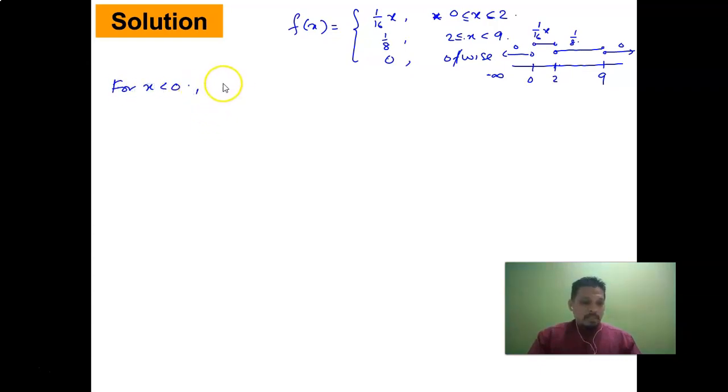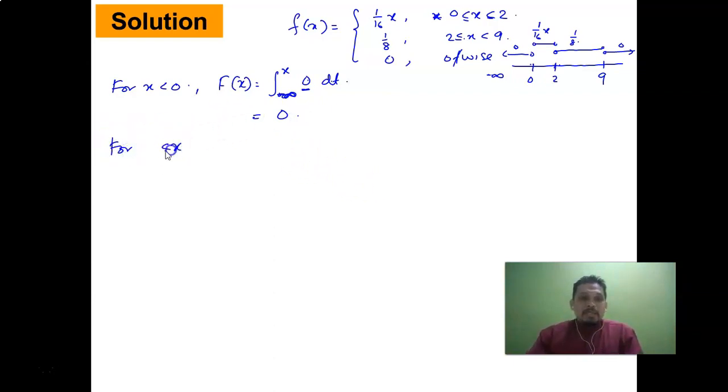Then F(x) equals the integral from negative infinity until x of the function, 0 dt. The function here is 0 according to this. With a domain from negative infinity to 0, the function is 0, so 0 with respect to t gives you 0.